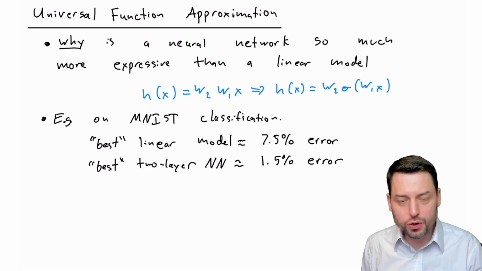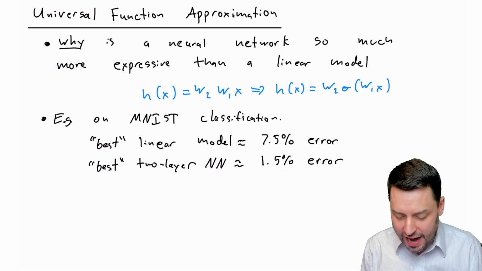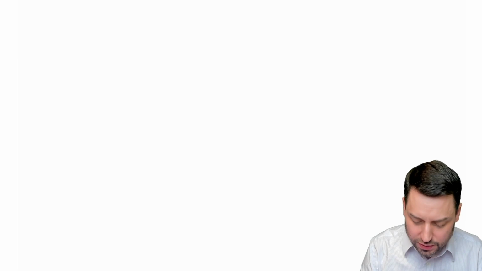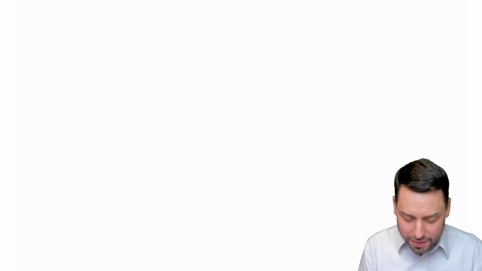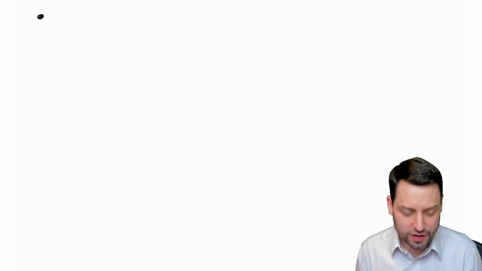But what I want to do right now is give a hint of a rather deep result. Well, whether it's deep or not depends on whether you think basic mathematical statements are deep. I actually think it's not that deep a result, in that it's just saying that you can basically overfit any function with a high enough dimension to your neural network. But the basic idea is something called the universal function approximation theorem.